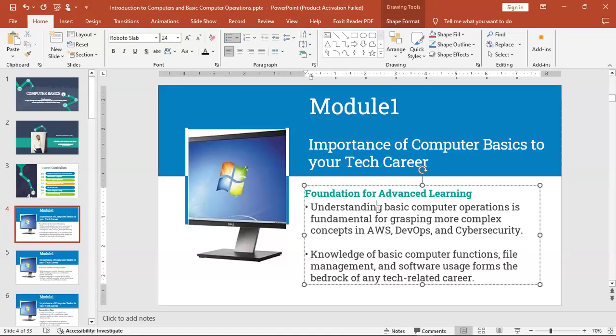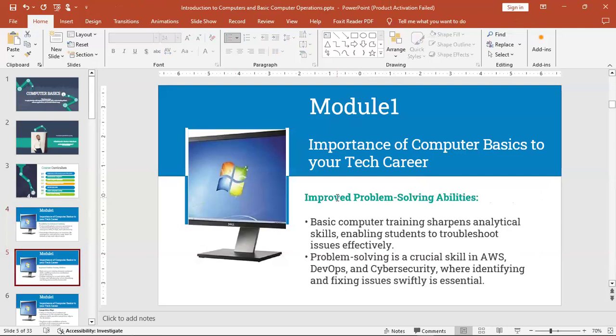Those are kind of basic things, computer knowledge that you must have, and it will help you understand more complex stuff. So the knowledge of basic computer, what you're going to learn here, is a starting point to something bigger in your tech journey. Knowledge of basic computer functions, file management, and software usage forms the bedrock of any tech-related career.